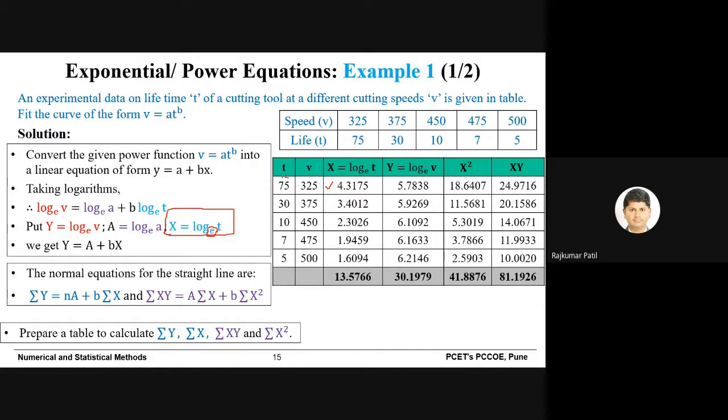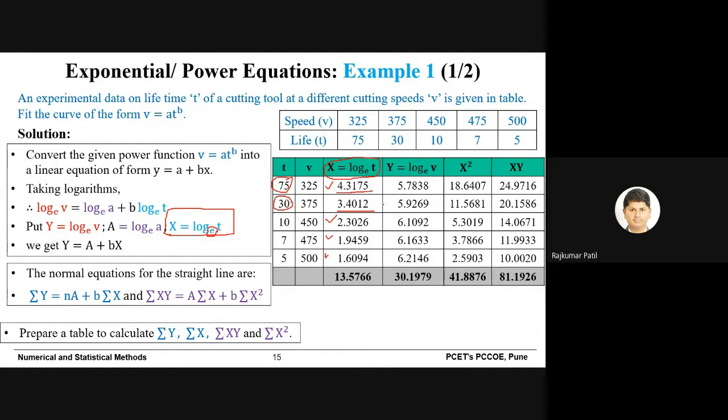So log to the base e 75 will become 4.3175. Log to the base e 30 will become 3.4012, and similarly you can calculate the remaining values of capital X by using this formula.